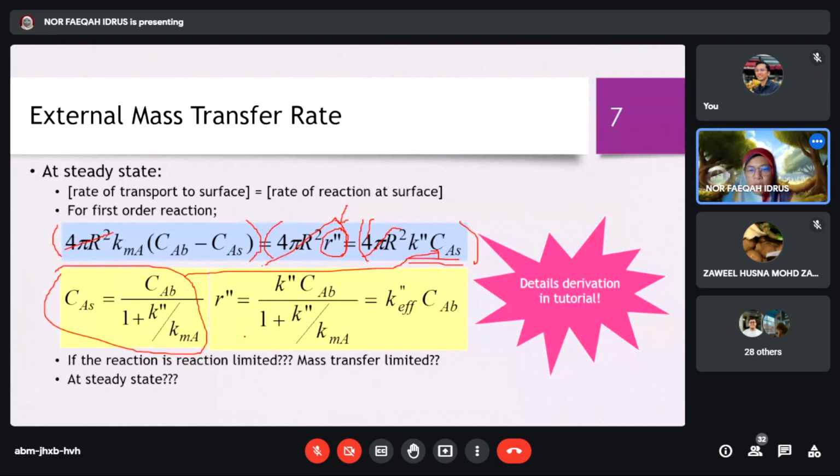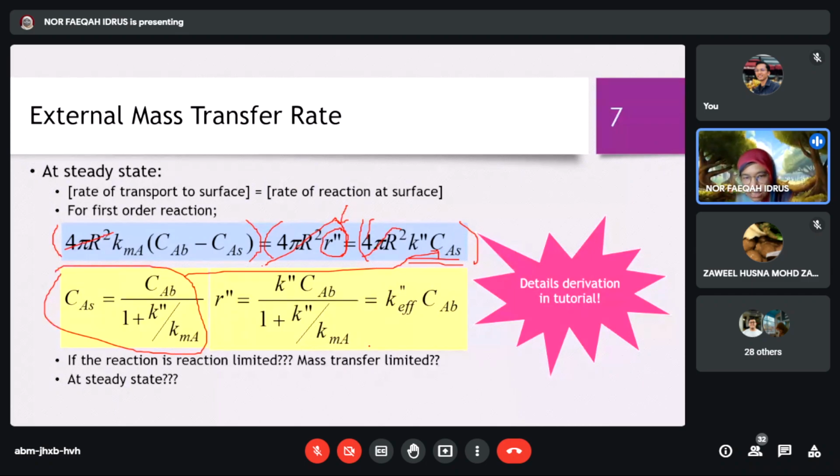Or you can rearrange the denominator. If it is 1 plus k over k_m, you can also write the 1 as k_m over k_m, so it becomes k_m plus k over k_m.